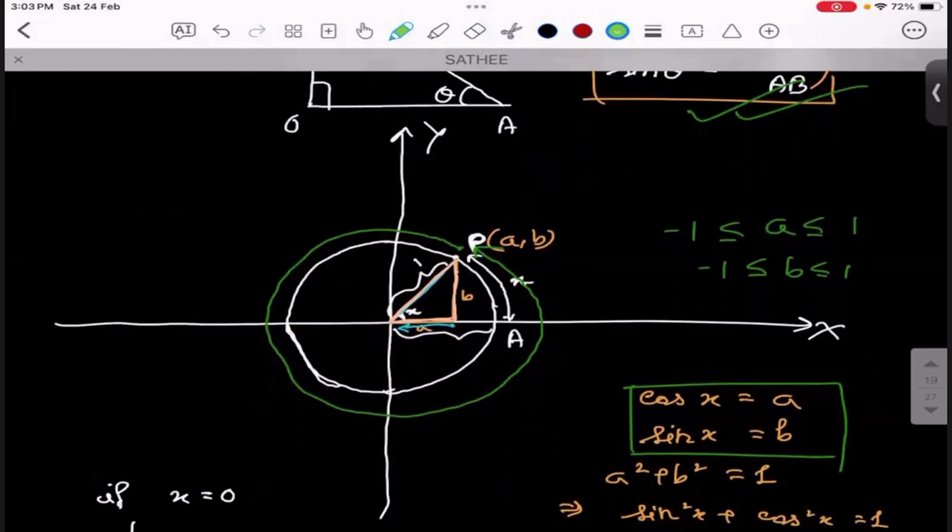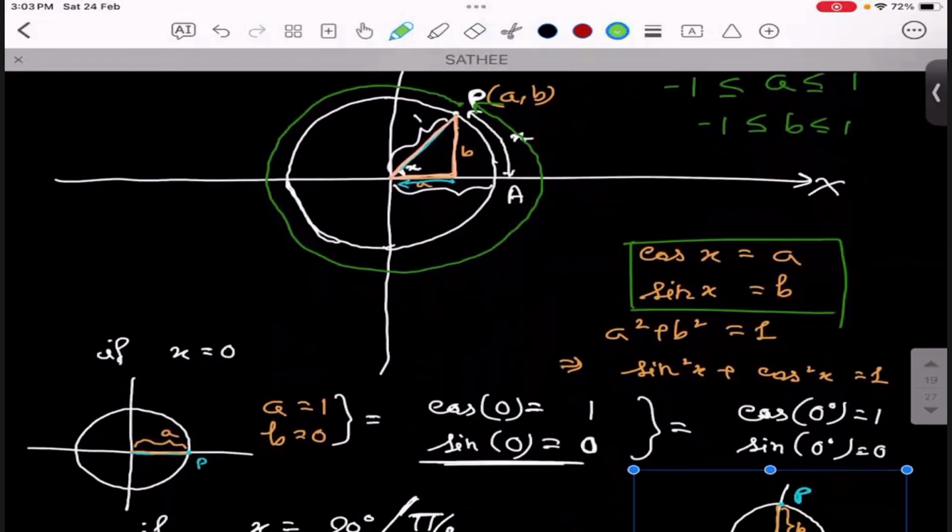So A and B will be cos x and sin x, and since the circle is of radius 1, A can vary from -1 to 1, and B can vary from -1 to 1. That's why cos x and sin x can take values from -1 to 1.